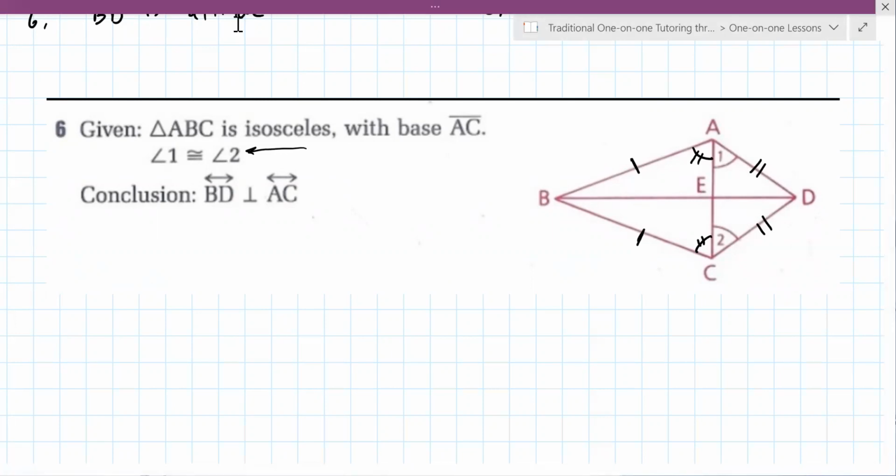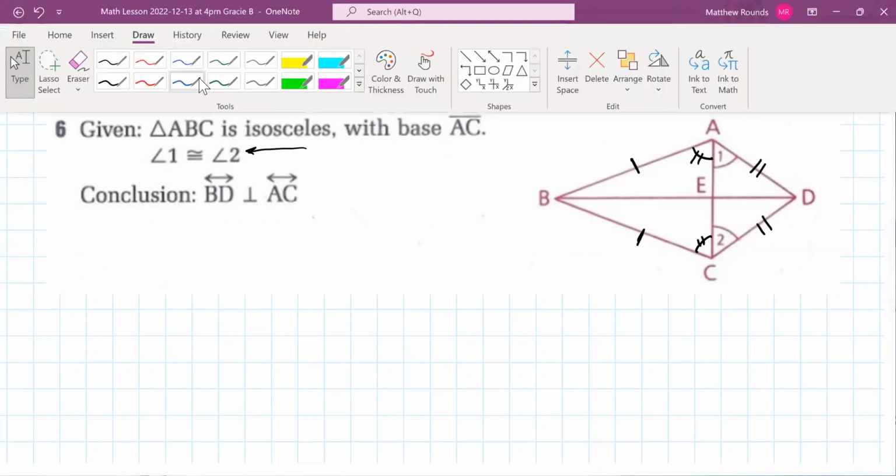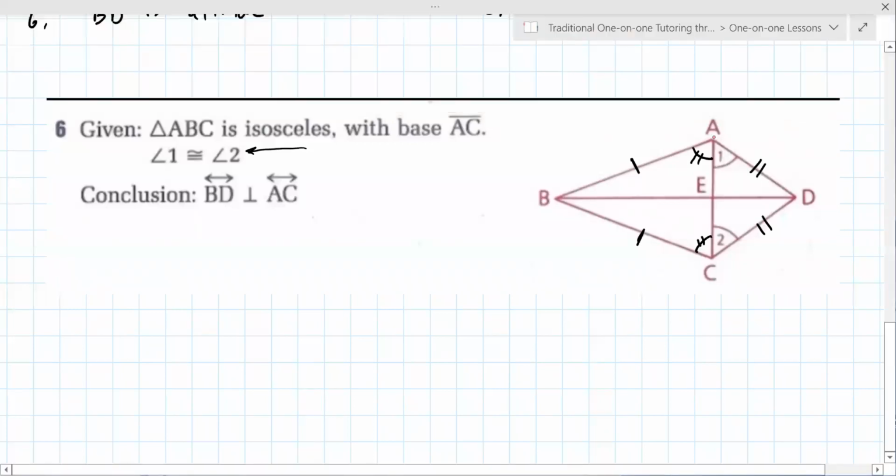So what that allows you to do is prove that the big triangles are congruent, and that's side, angle, side. And what that allows you to do through CPCTC is prove that the little angle is congruent.